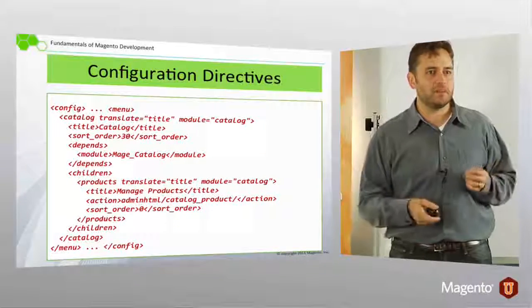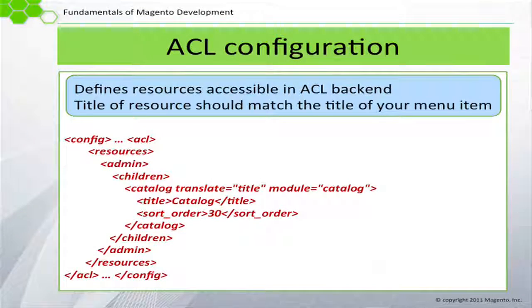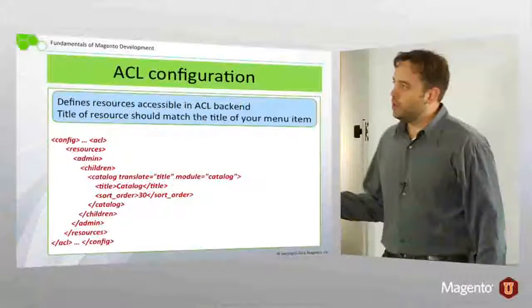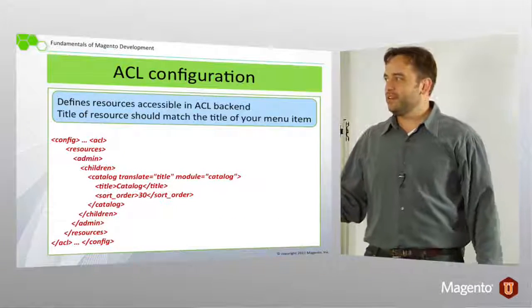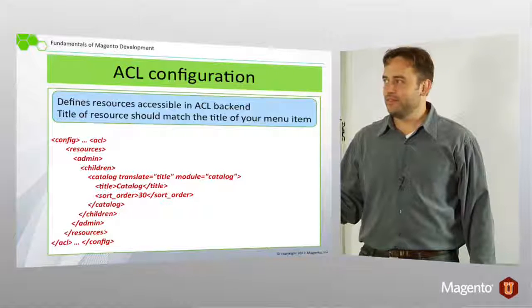Okay, make sense? So, okay, along with menu, under config, we have ACL. And ACL, resources, admin. So this will always be the beginning of an ACL declaration. So children, catalog. That's the connection.